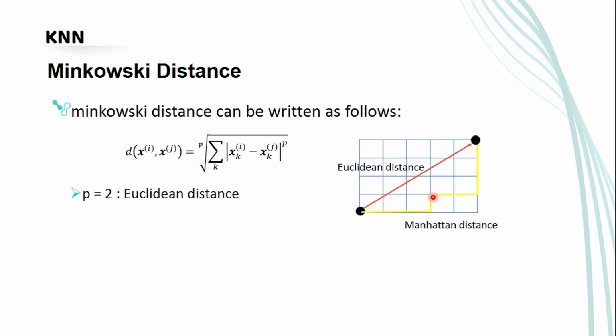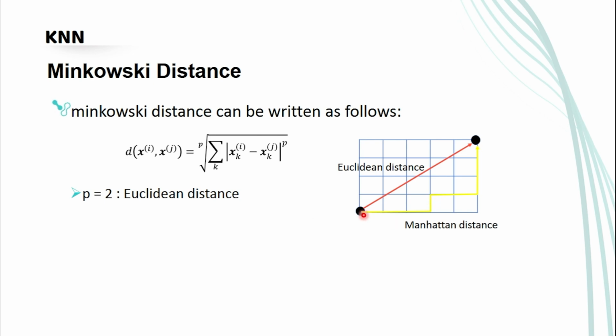We have several ways to go from one point to the other: right, up, right, up, or right, up, right, up. We have several options, but in all of them we can only go right or up.